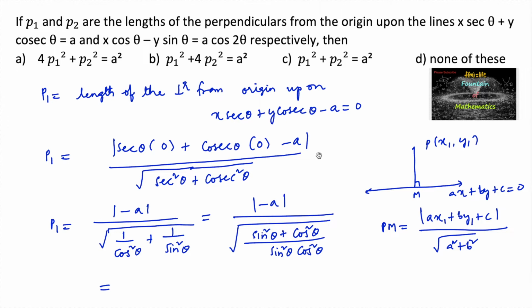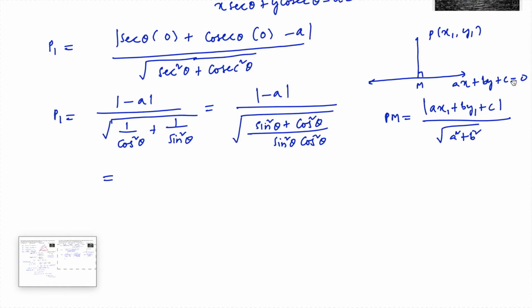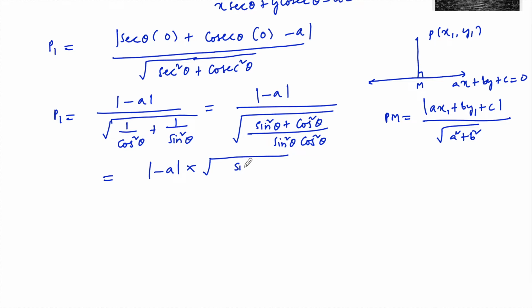So we can also write it as mod of minus a into root over sin square theta cos square theta, divided by root over sin square plus cos square, which is 1.